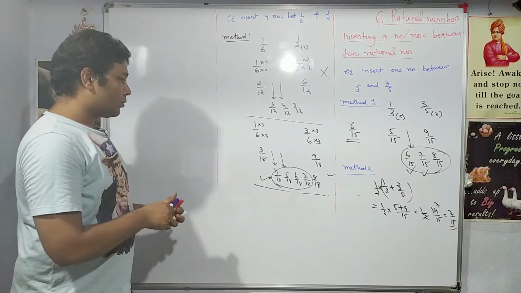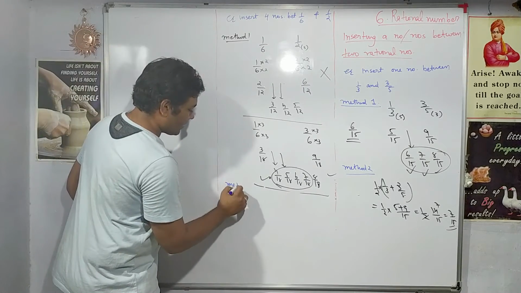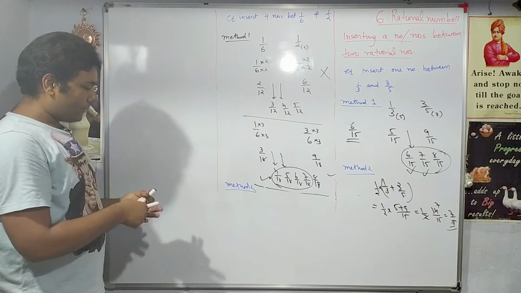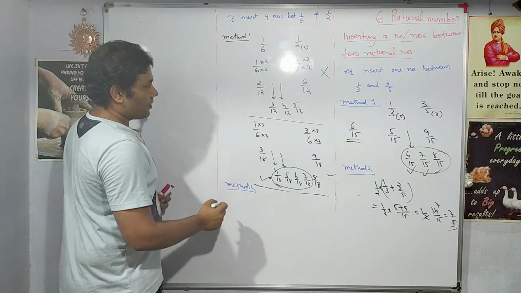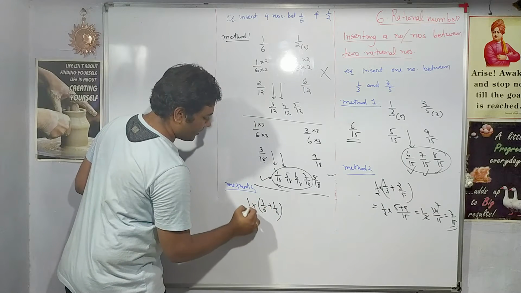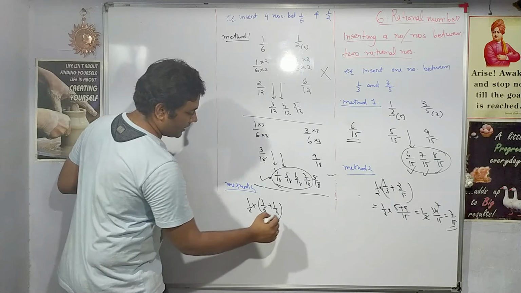Let us see method 2. As per method 2, let us say I first add 1 by 6 plus 1 by 2 and multiply with half. So what will this give me?